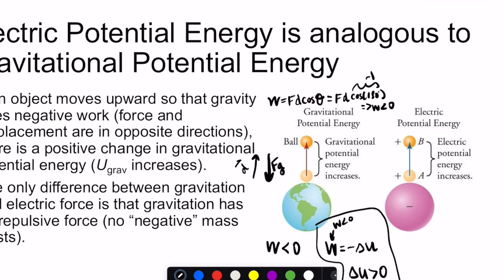So that's how we're interpreting why the gravitational potential energy is increasing. This is how we interpret potential energy changes in the context of gravity. Now let's examine the change of potential energy in the context of charges in electric fields.